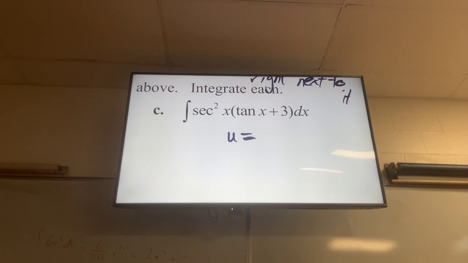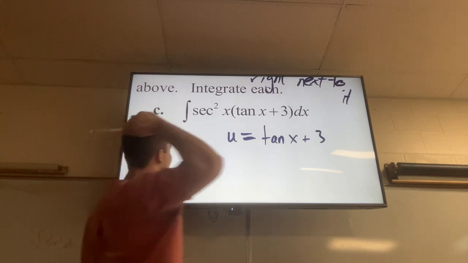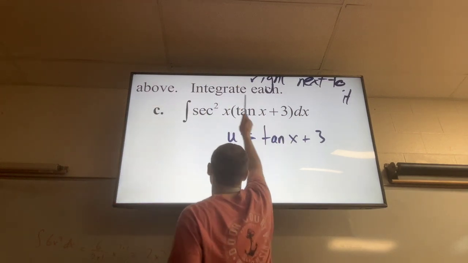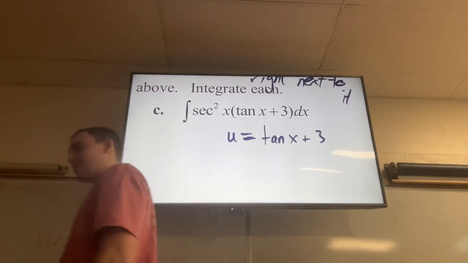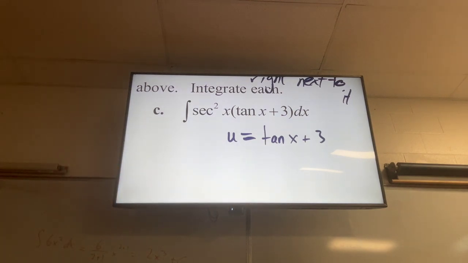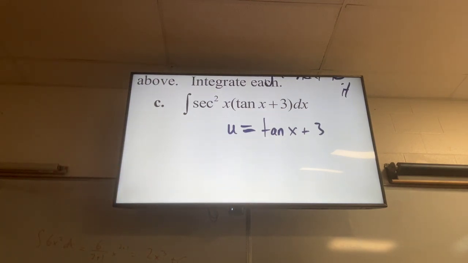All right. U equals what? U's going to be 10x plus 3. Yep. Why do we set u equal to that? We saw a function inside of parentheses and its derivative. The derivative of tangent is secant squared, right outside of those parentheses. I take the derivative of both sides, I get what? You'll see that the derivative just becomes the stuff that's outside.